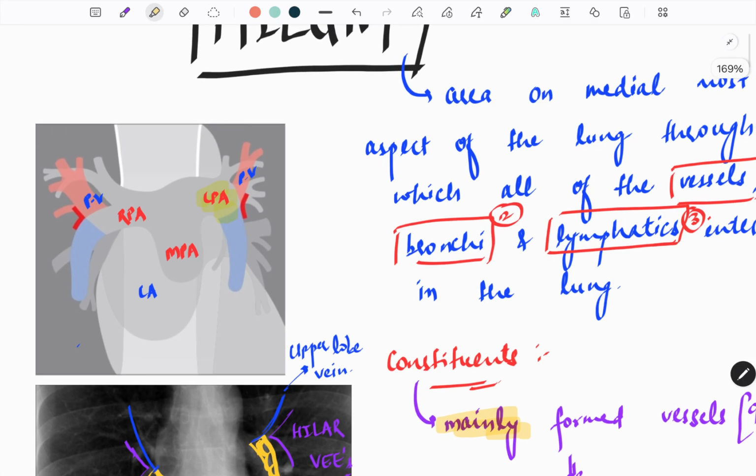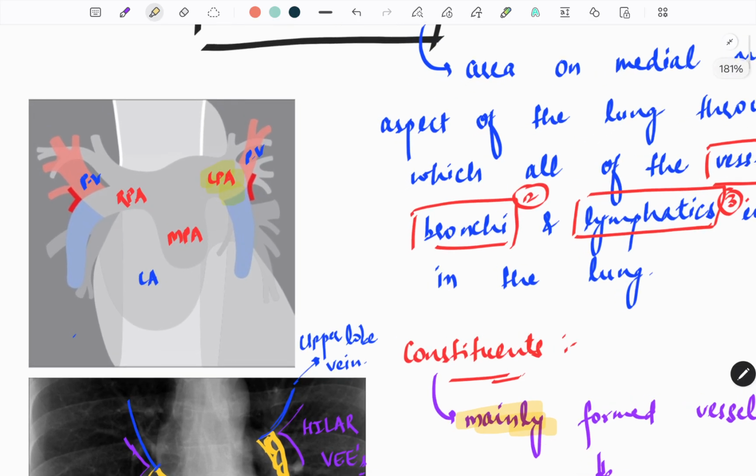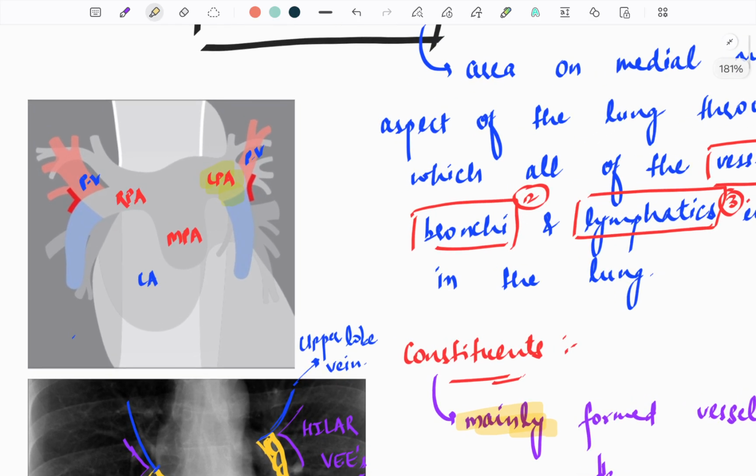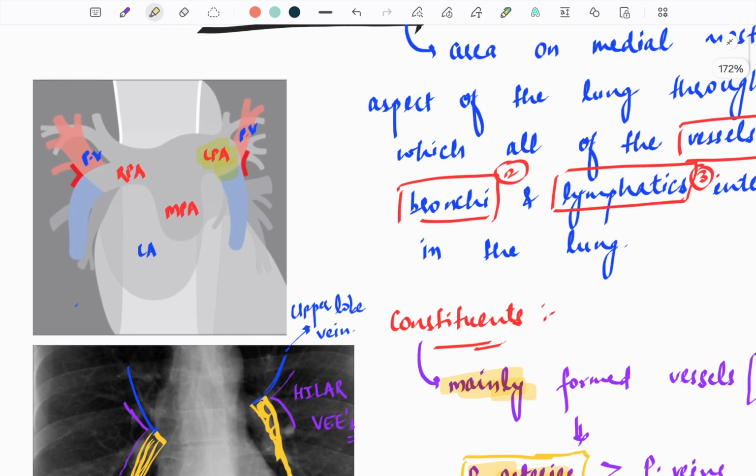That is why the left pulmonary artery has to go upwards in order to hook around the left bronchus, whereas the right pulmonary artery comes directly anterior over the right bronchus. That is the reason why the left hilum is always superior to the right.